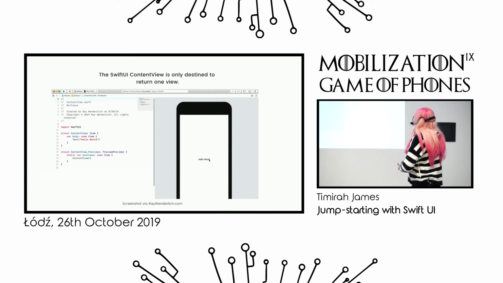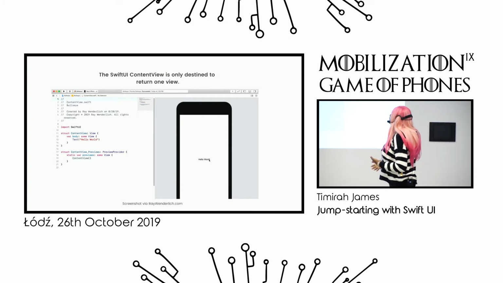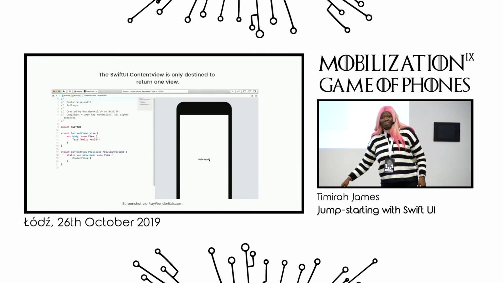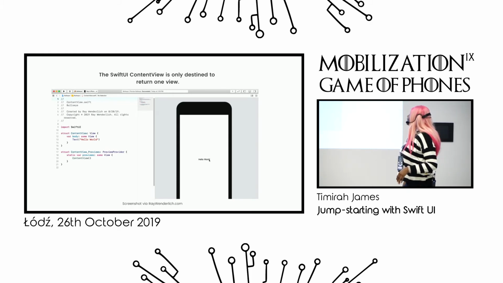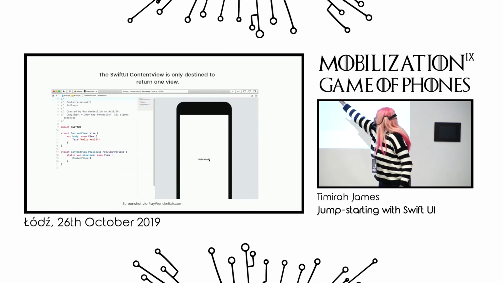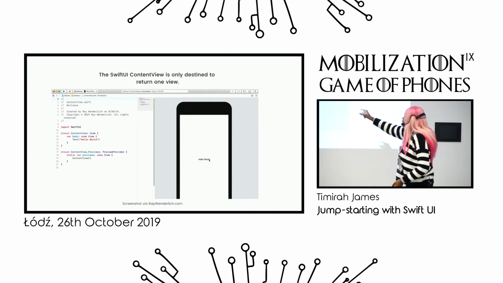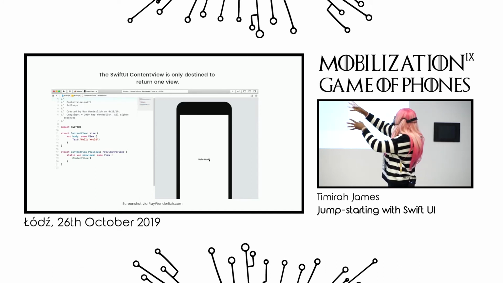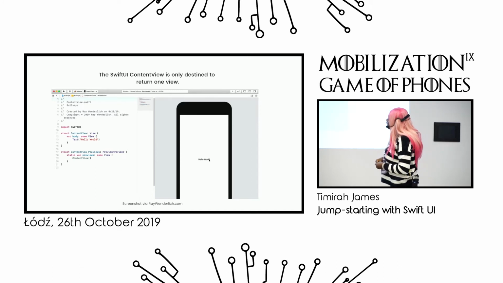Okay, so here's the deal with content view. Just a disclaimer, this is a screenshot from raywenderlich.com. I couldn't upgrade my operating system on my work computer, and you have to have Catalina in order to view this canvas, so I took a screenshot. What we're seeing here is the ContentView.swift file.